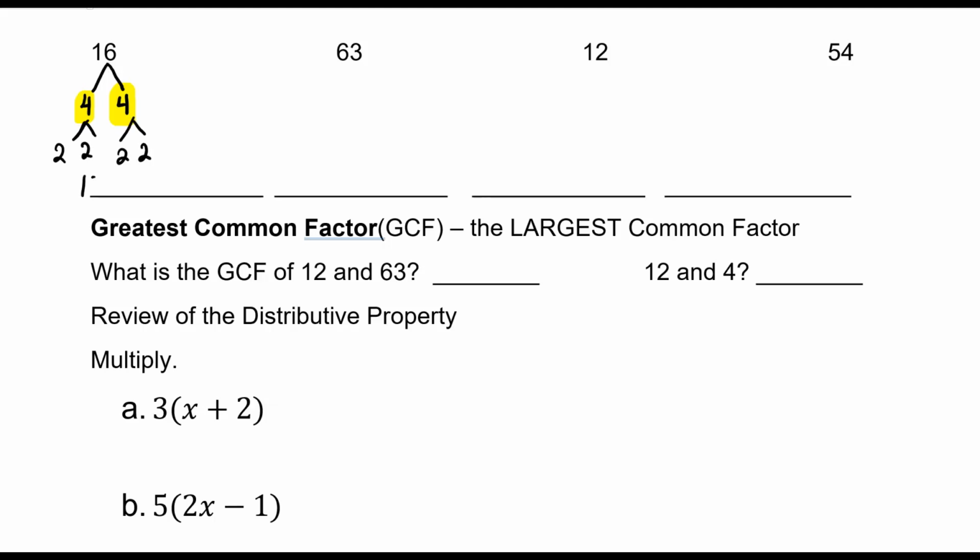So what we're saying is that 16 is equal to 2 times 2 times 2 times 2. Those are prime numbers. So this is the prime factorization of 16. Of course, we can write that in a more concise way as 2 to the 4th power, since you understand exponents by now. All right, let's go to the next one, 63.